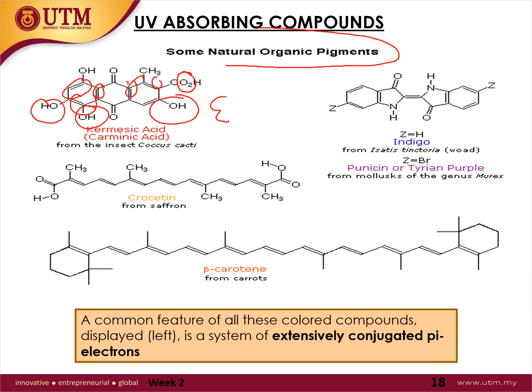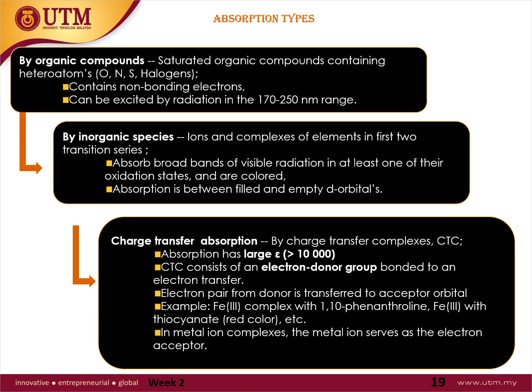Beta carotene even has a higher conjugation. Okay. So you will see. That's why you see carrot with like orange color.